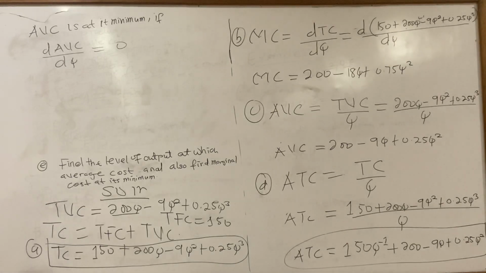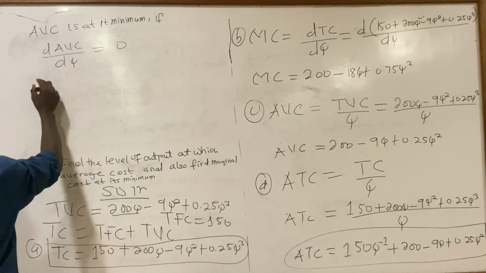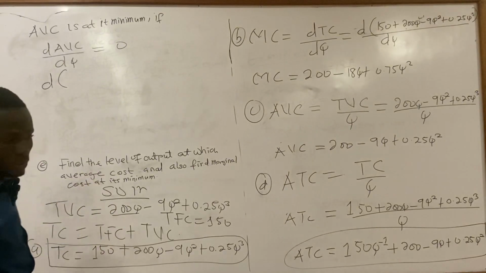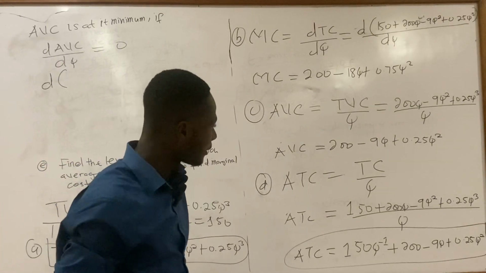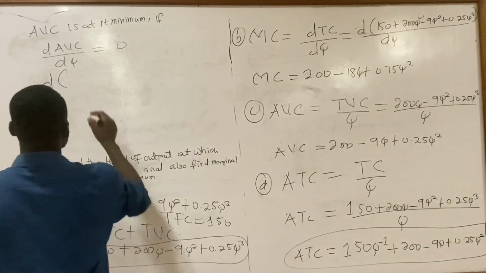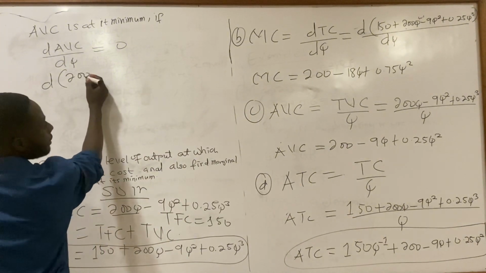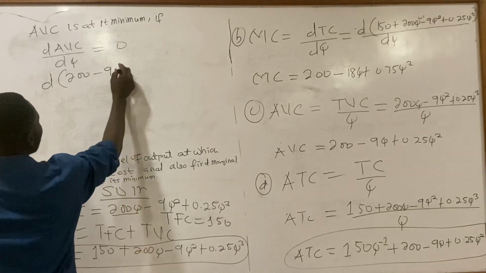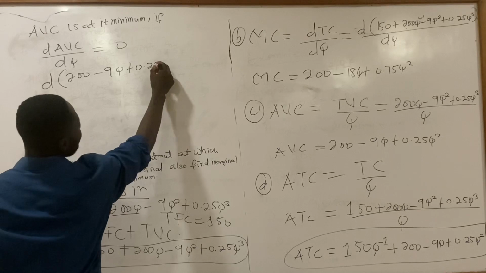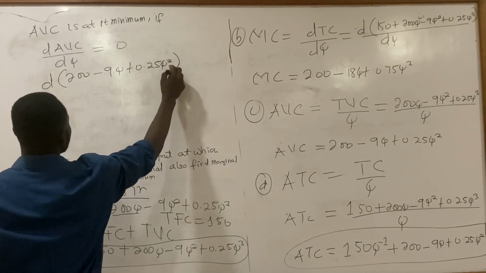All right, so we say the differential of the AVC function, whereas we had 200 minus 9q plus 0.25q squared.